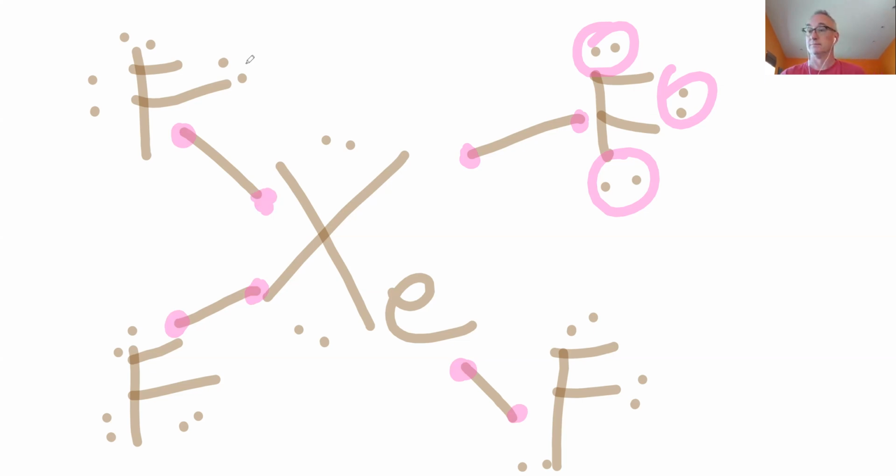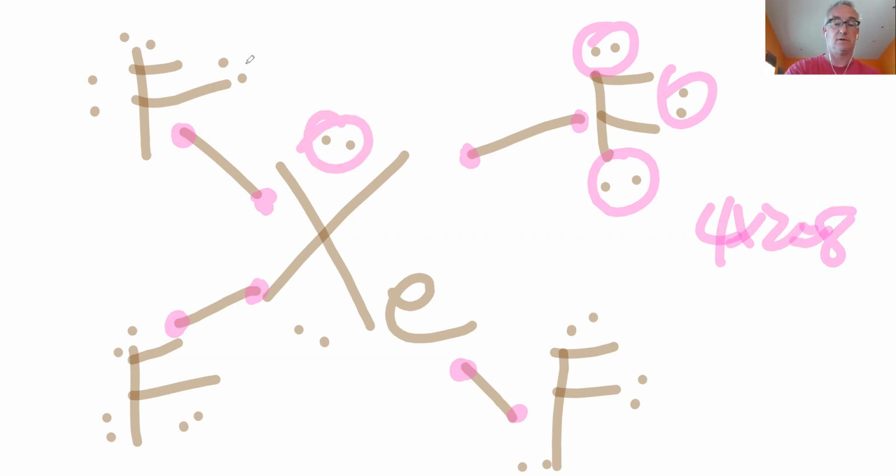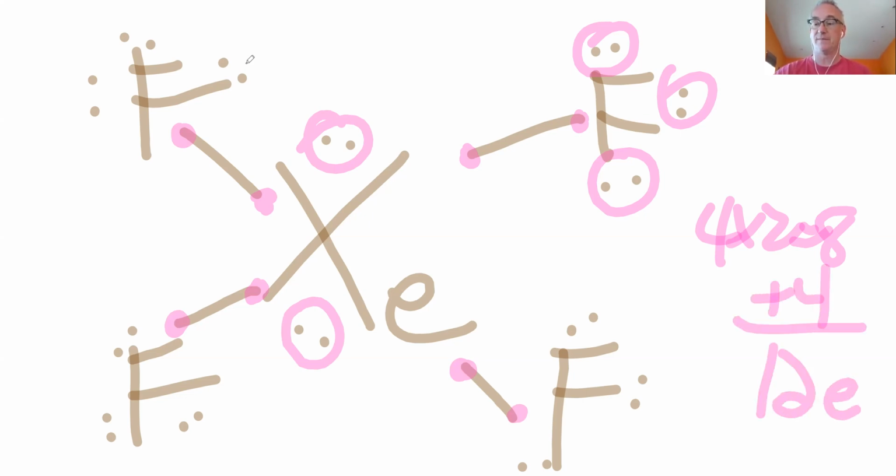Yeah, it's got 12. So it's got 4 bonds, for a total of 8. So it's got 4 times 2, it's got 8. And then it's got 2 more lone pairs, 1, 2, for another 4. It has 12 electrons. So it's violating the octet rule big time. But it can because it's a big molecule and xenon is in the 5th row. So it can easily violate the octet rule.